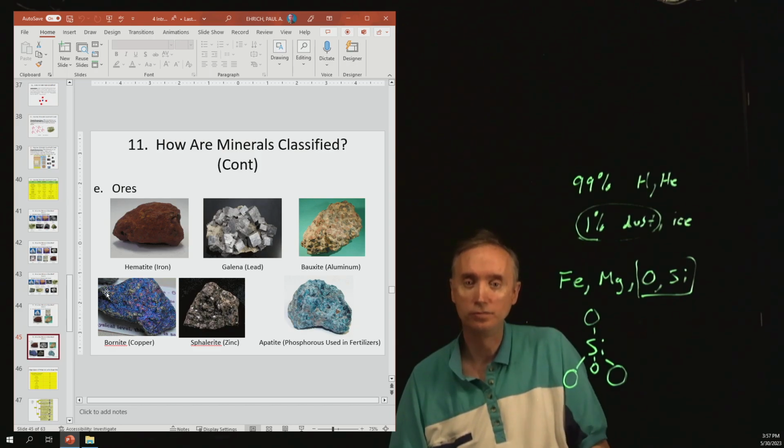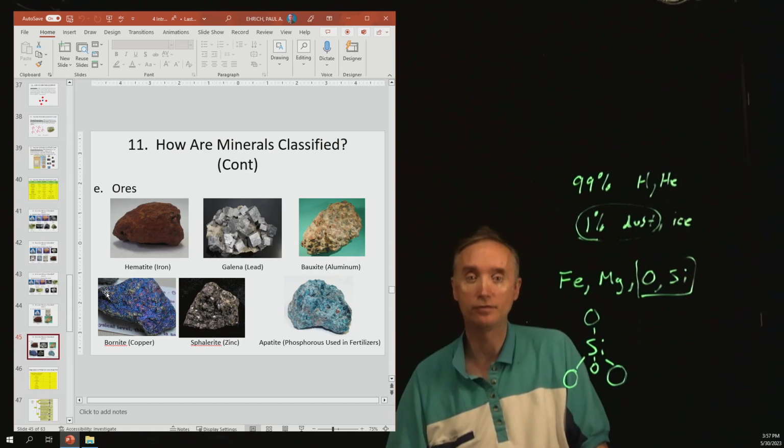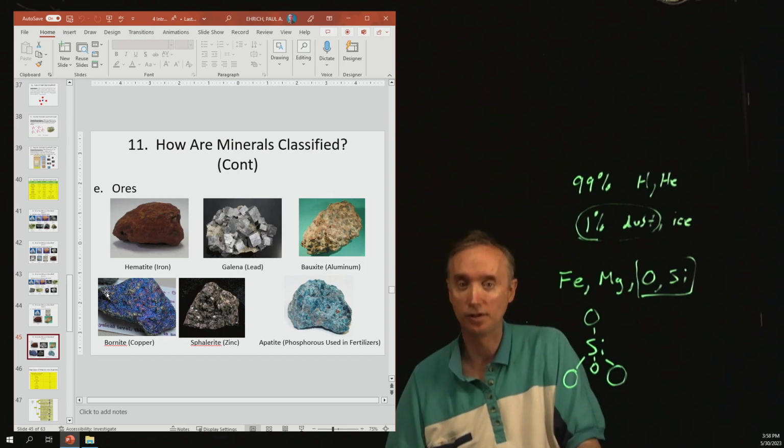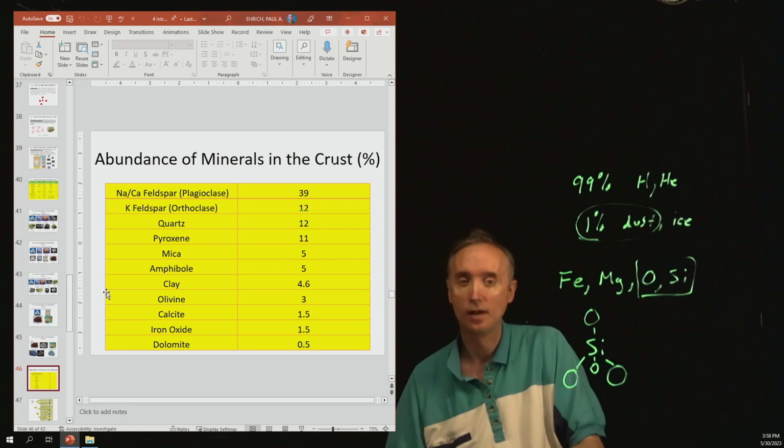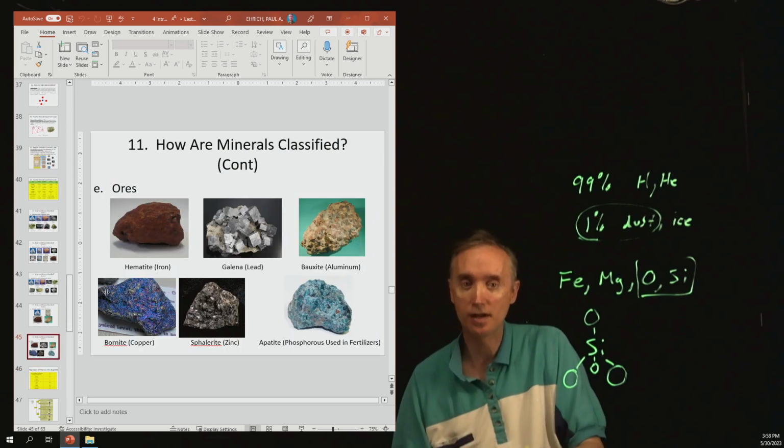You should know that apatite, that's a very important one, is where we get phosphorus from. Phosphorus comes from apatite, and we use that in fertilizers. You should also know galena. So galena would be a good one to know because that's where we get lead from. Also, bauxite, you should know bauxite. That's where we get aluminum from.